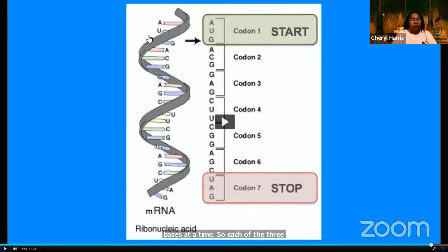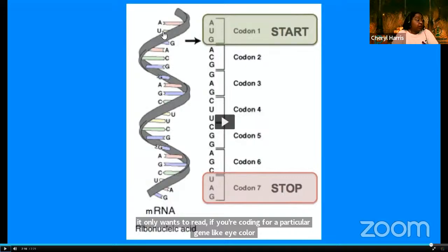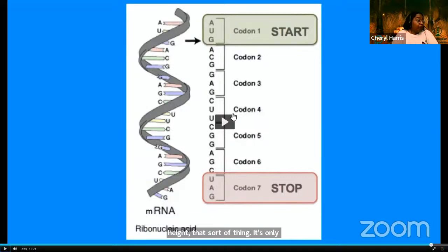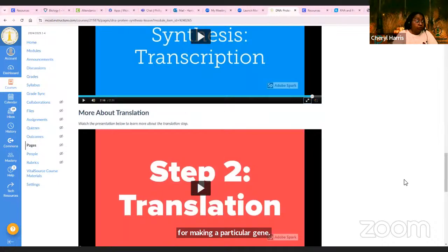And if you're coding for a particular gene like eye color or height, it's only going to read that section for that information. So it knows when to start and it knows when to stop. Okay, so all of this information here is the codon information for making a particular gene. All right, so that was transcription.